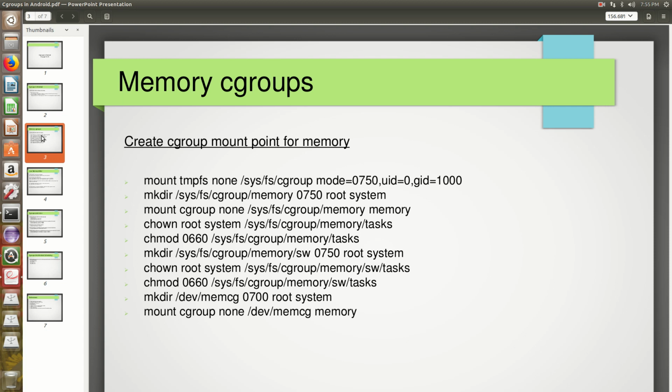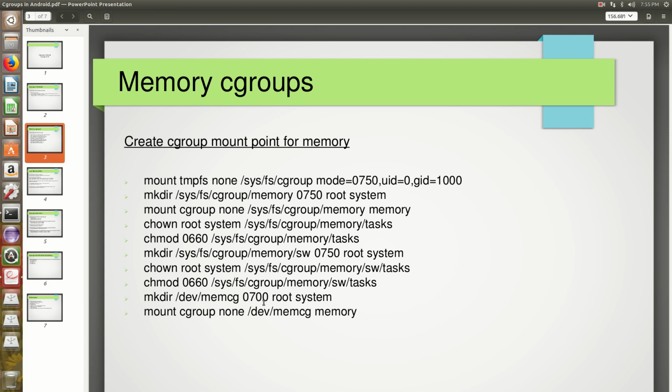So here, what we are seeing is how the memory cgroup gets mounted, and at what points it gets mounted. The sys/fs/cgroup/memory is one point where it gets mounted, and the memcg is one more point.